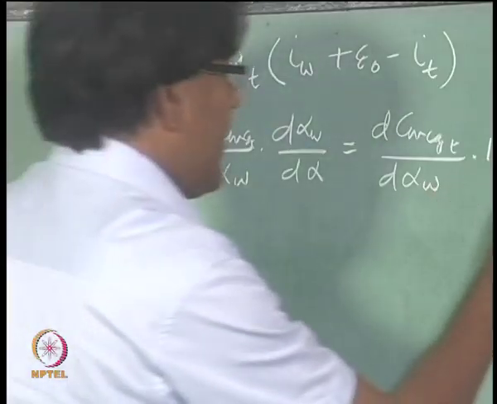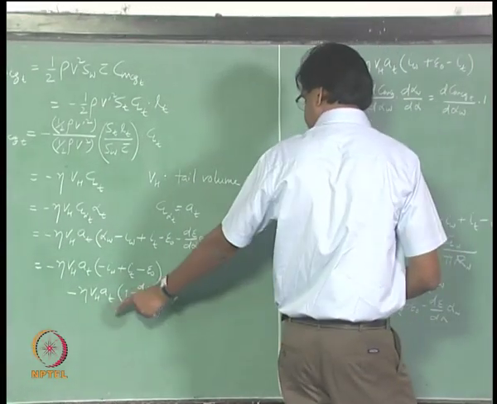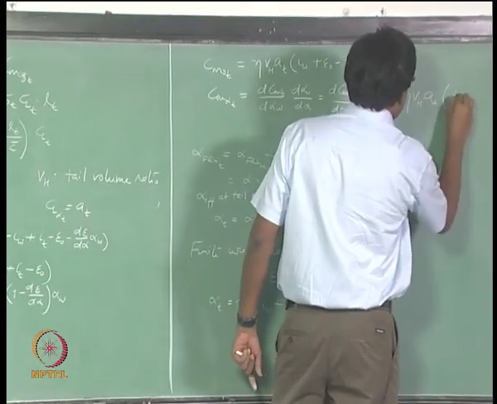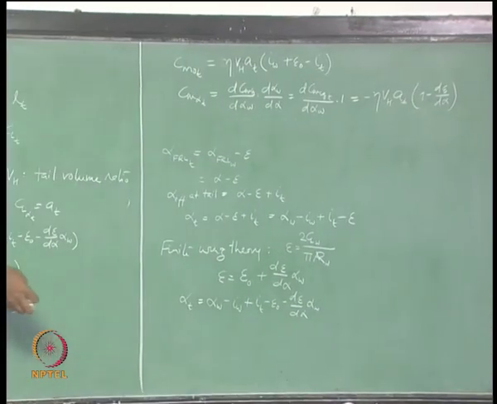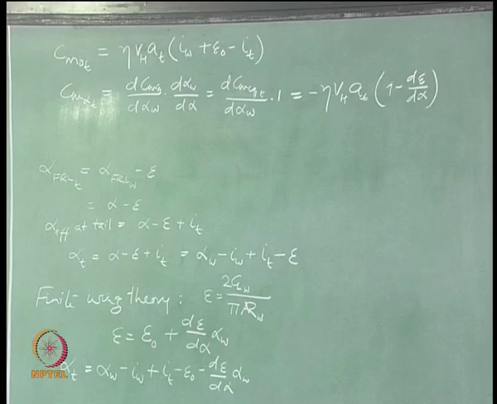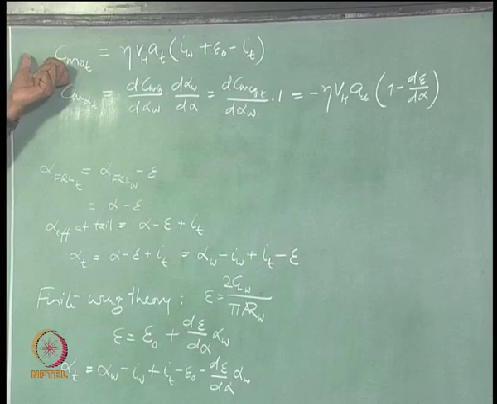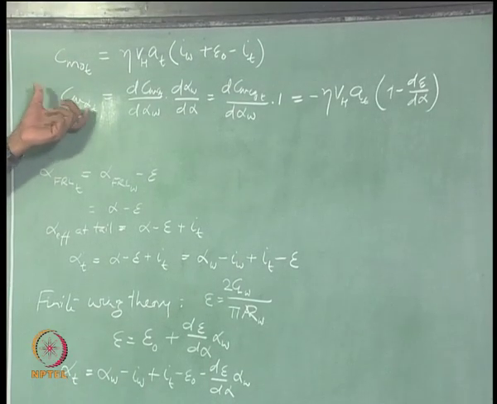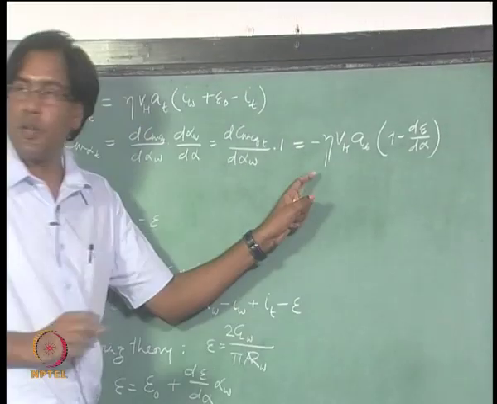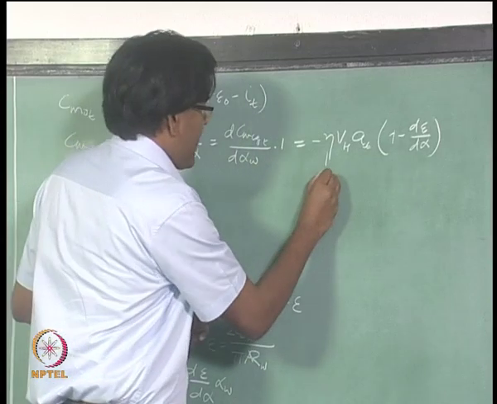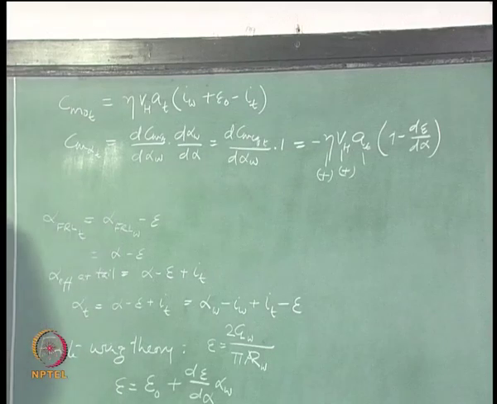Minus eta into V_H into a_T, right. So, Cm naught has to be positive, right, and Cm alpha has to be negative, right. Look at these terms here, this is going to be positive, right, this is also positive, lift curve slope of the tail is also positive.